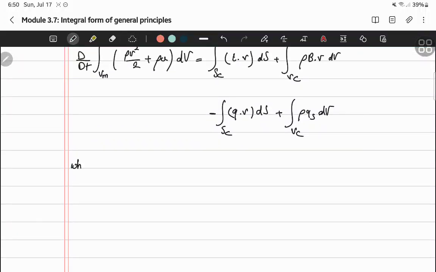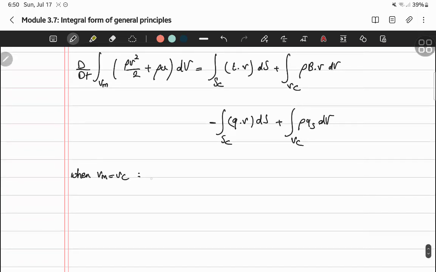So when Vm coincides with Vc, we can take this derivative inside the integral, so we will have the integral of d/dt over Vc, because Vm is now Vc, the same as them, of rho v squared half plus rho u dV.